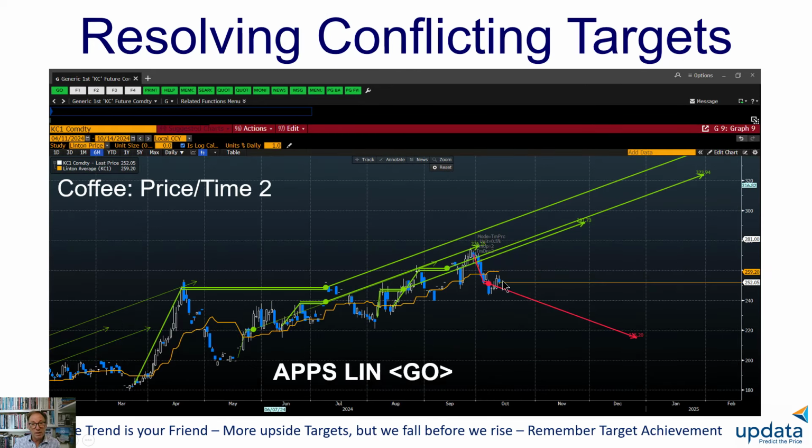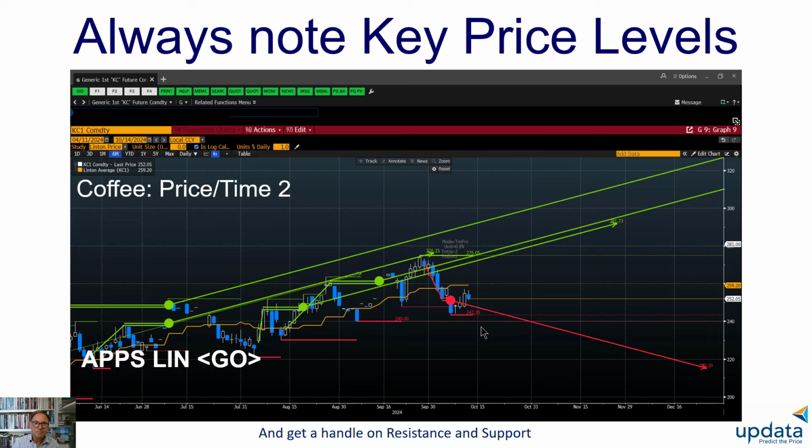Also, by putting the average on the chart, you can see here now, the trend is your friend. We have just crossed below the 21-day average. So we may well fall before we rise. That's just understanding that, and that's how you interpret these. Also, always note the key price levels. By putting the Linton price levels on the chart, you see here we've got levels that are then marked.